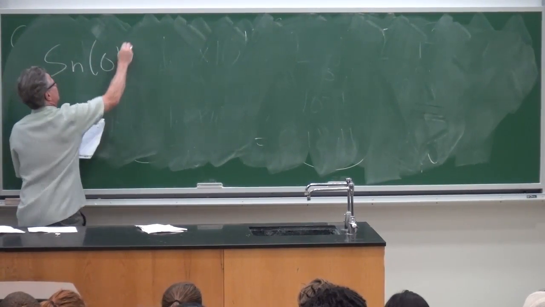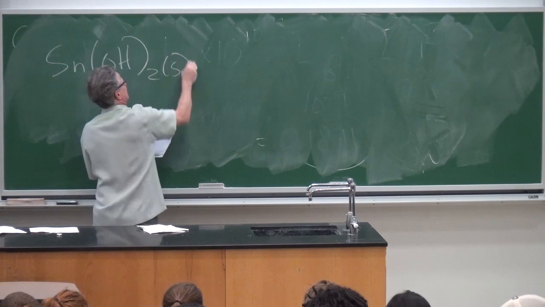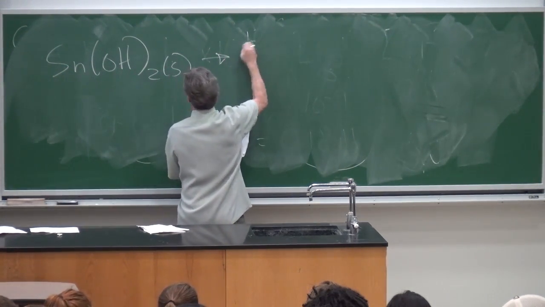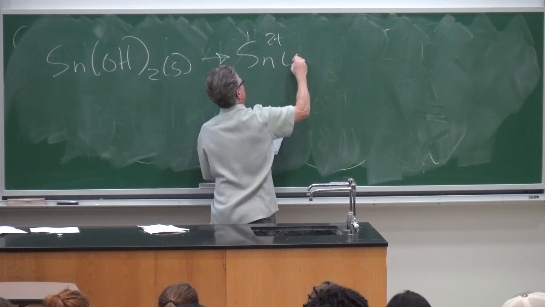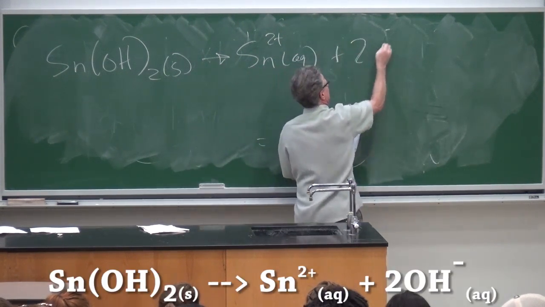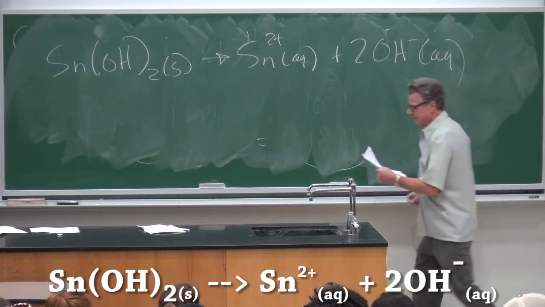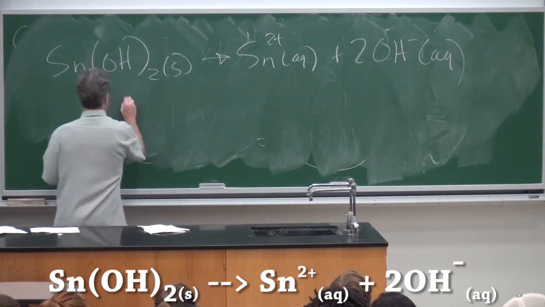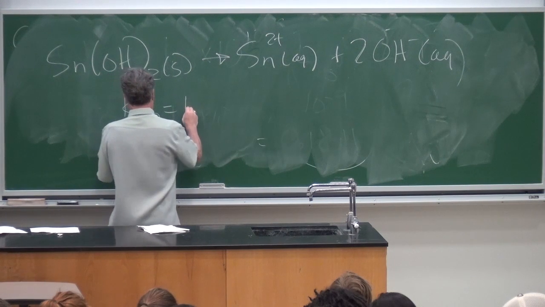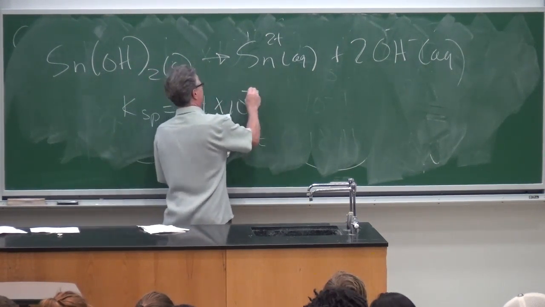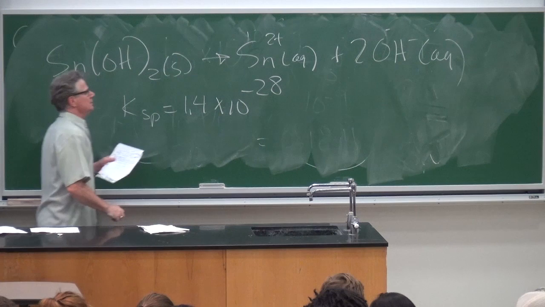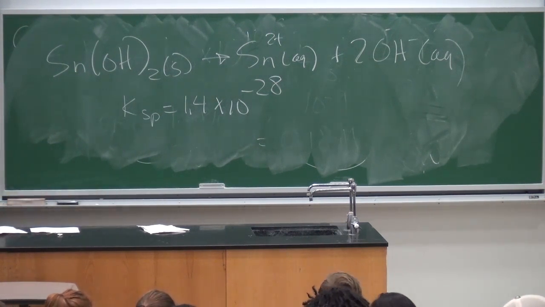So we can write it this way. And that KSP is 1.4 times 10 to the minus 28. So that's a really insoluble material.